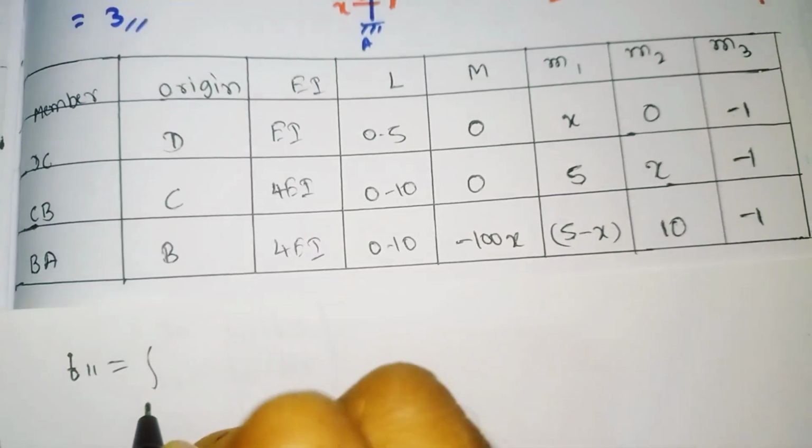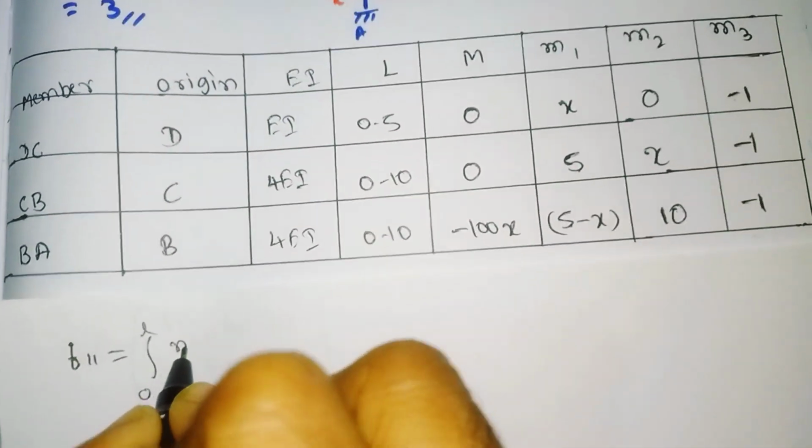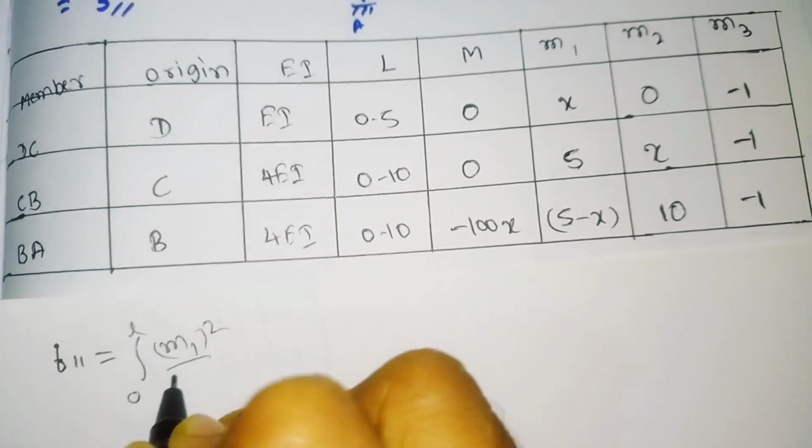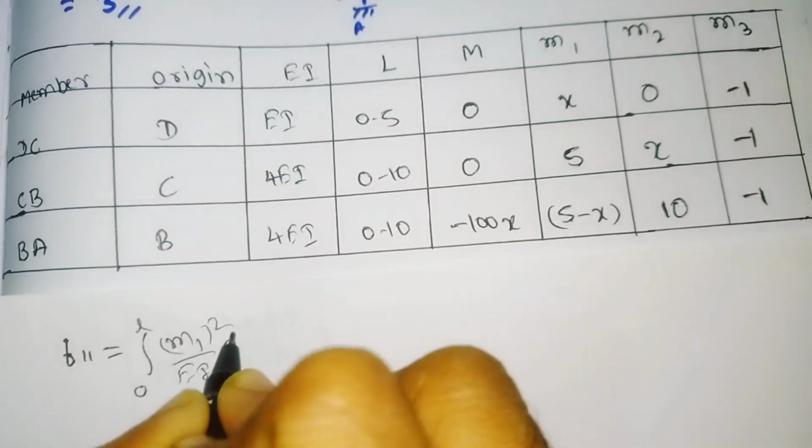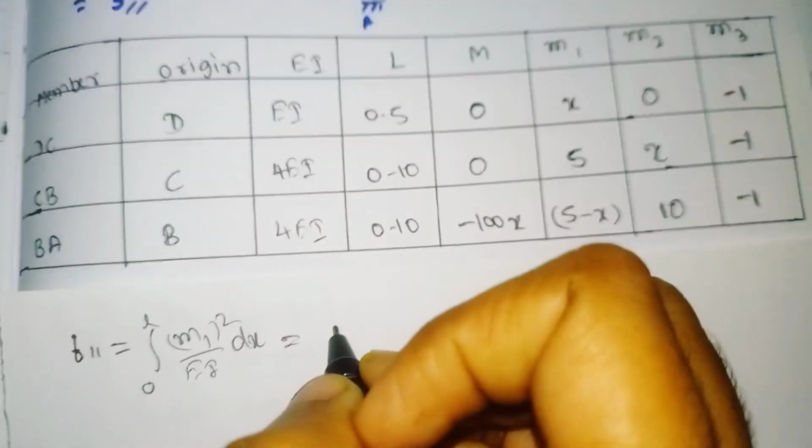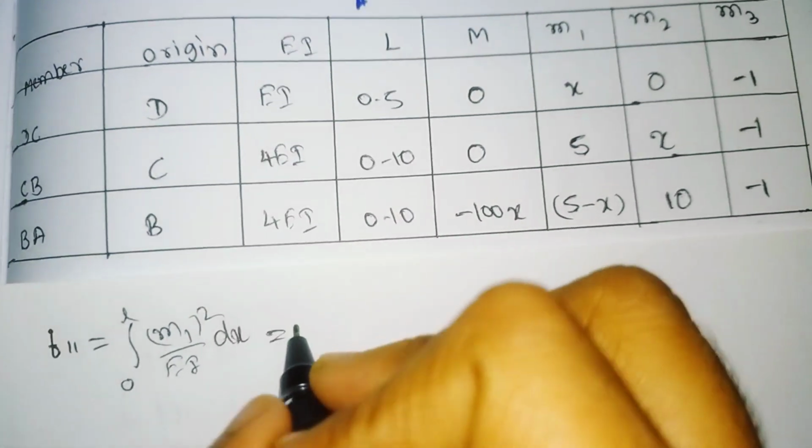So first F11. We have the formula: integration of 0 to L of m1 square divided by EI into dx is equal to, now substitute all the values.